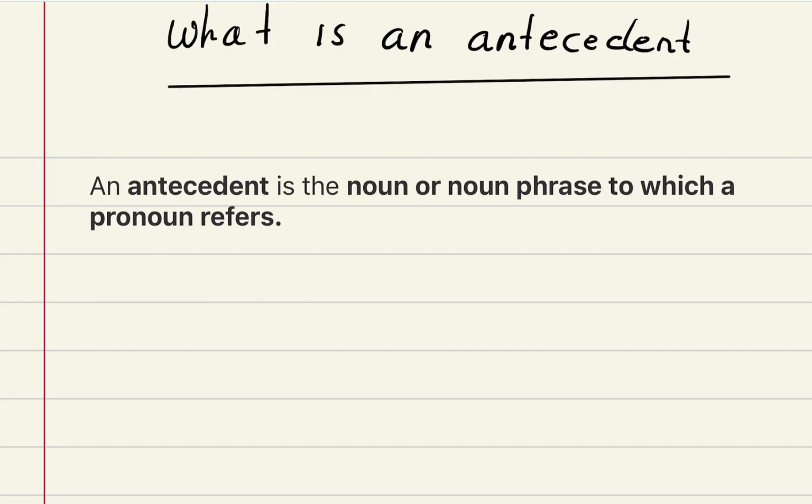So let's start with a simple sentence here. Maria lost her book. Remember, the definition is that the antecedent is the noun or noun phrase to which a pronoun refers.